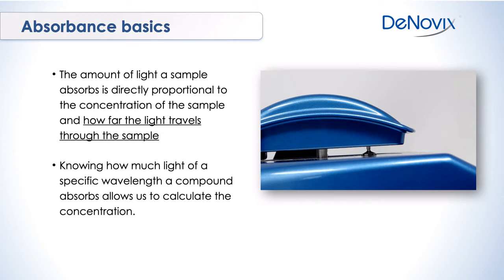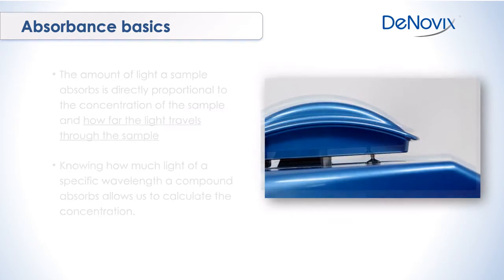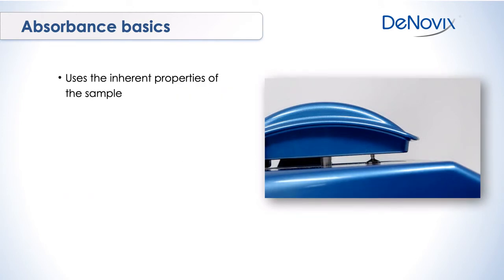So if we know how much light of a specific wavelength passes through a sample, then that allows us to calculate the concentration of that sample according to the Beer-Lambert equation. One of the fundamental properties of absorbance is it uses the inherent properties of the sample in order to do the quantification.